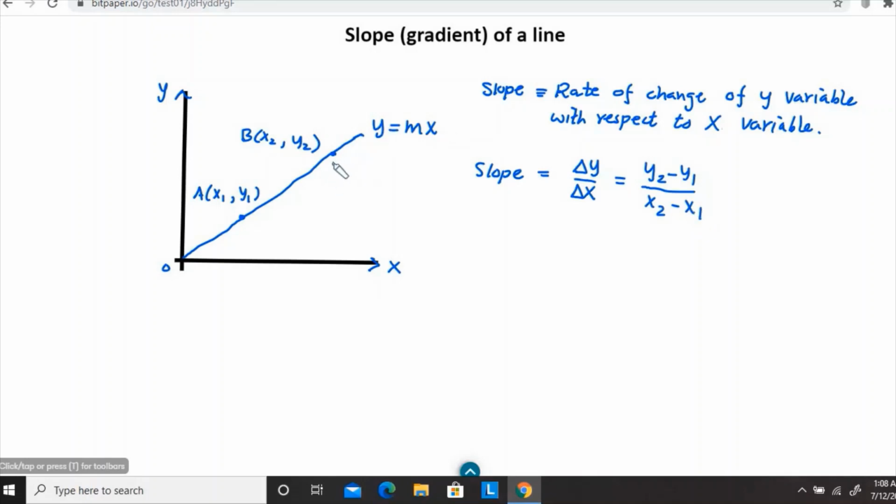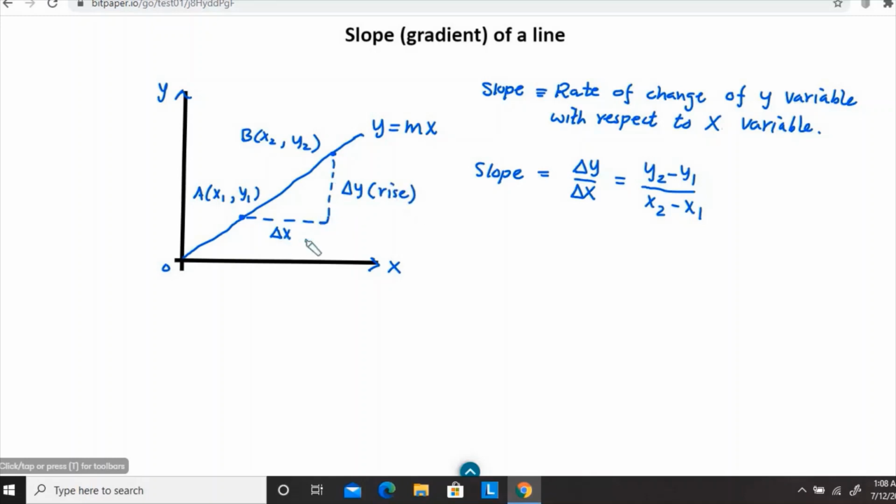So in other words, delta y is the vertical separation between the 2 points A and B. Delta x is the horizontal difference between the 2 points A and B. In other words, we call these rise and run.